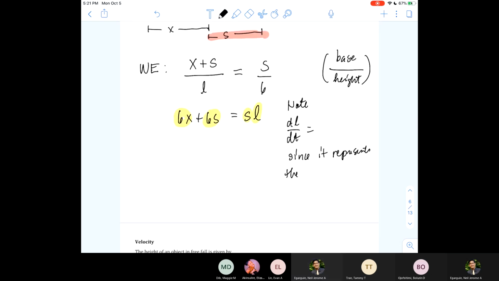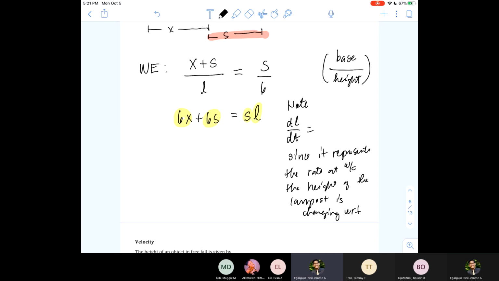Yeah, Balurin, that's right. That's the change of length with respect to time. Specifically, it represents the rate at which the height of the lamppost is changing with respect to time, right?